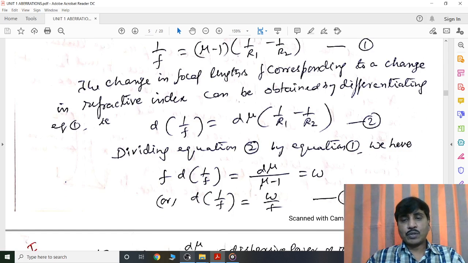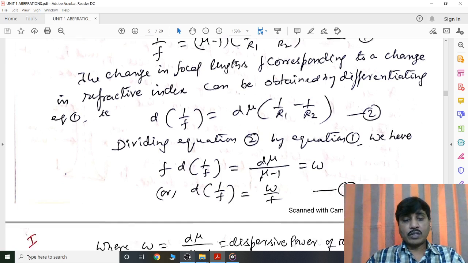That is equation 2. Dividing equation 2 by equation 1, we get f into d of (1 by f) is equal to d mu by (mu minus 1). That is equal to omega, where omega is the dispersive power of the material of the lens. Therefore, d of (1 by f) is equal to omega by f. That is equation 3.